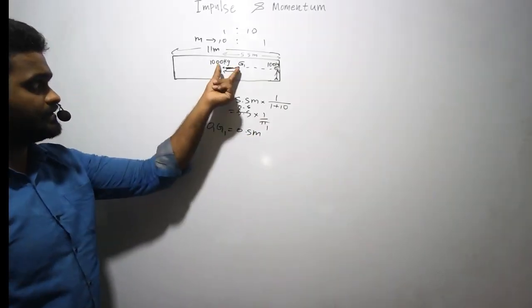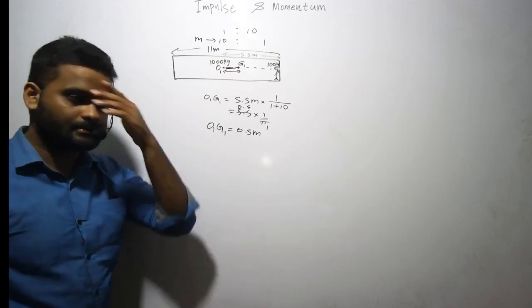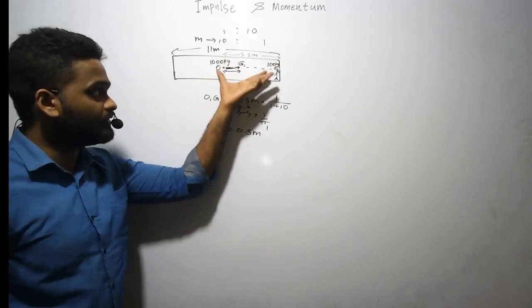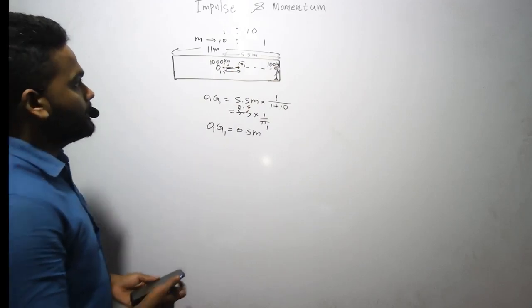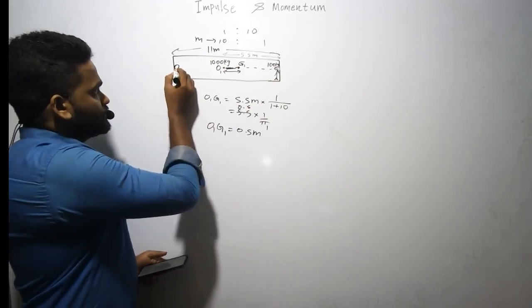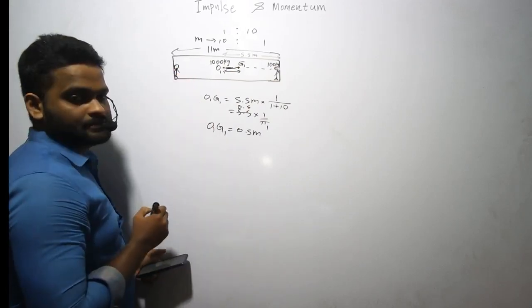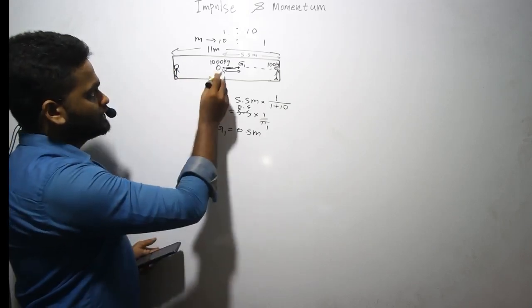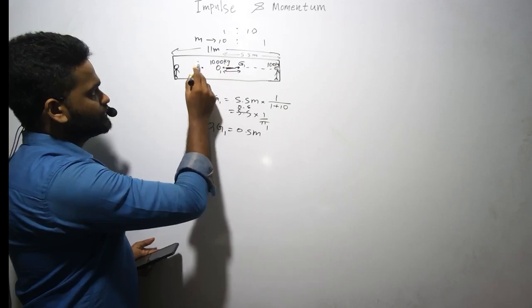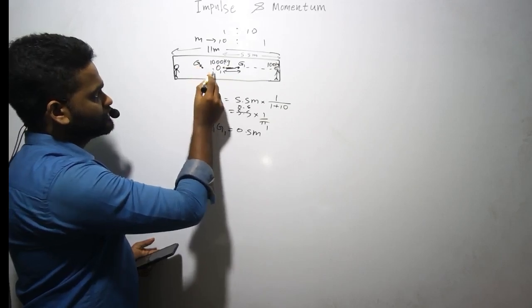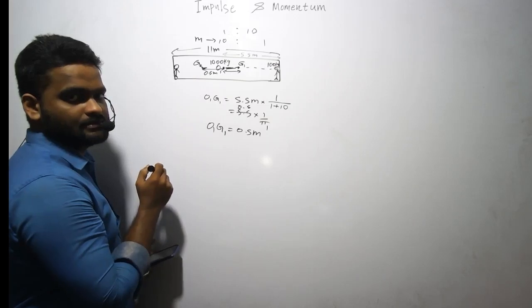So I just found this O1G1 length. So this is where the center of gravity of this system is, right? So if the man moves to this side, what happens? With this similar system, you can say that the new center of gravity should be on this side, and this distance should be 0.5 meters. It is obvious, right?